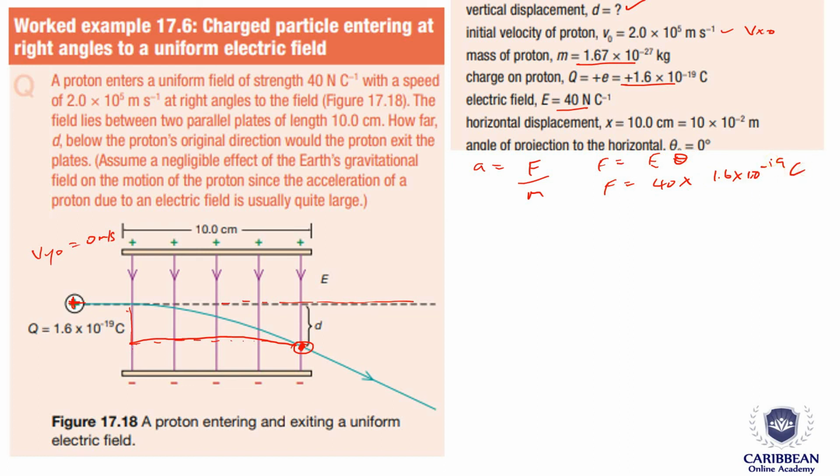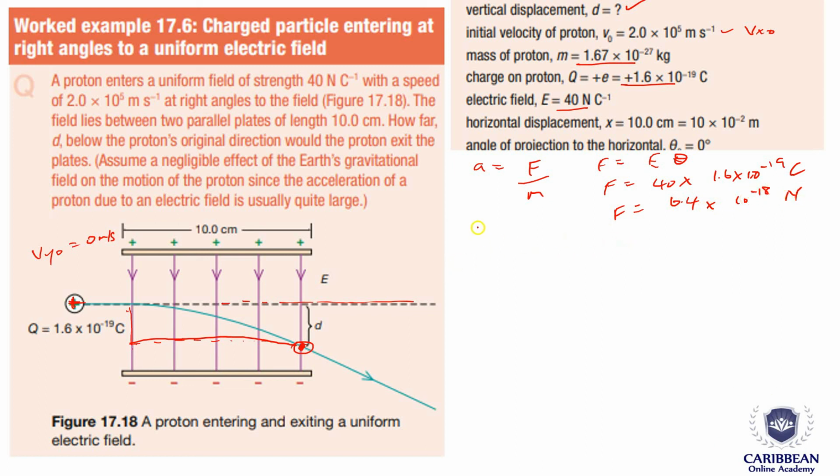There we would get our force, which allows us to find the acceleration. So 40 times 1.6 times 10 to the minus 19. All right, so that force is going to be 6.4 times 10 to the minus 18 newtons.